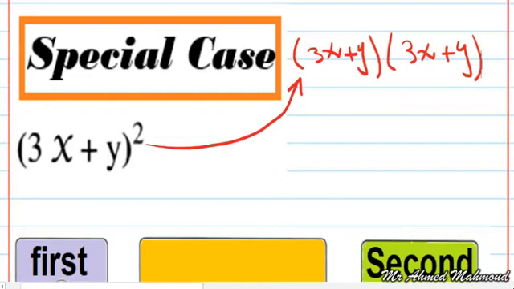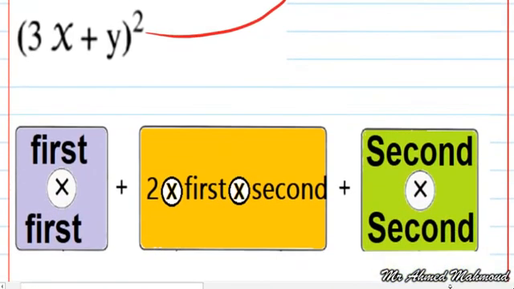The rule will be like the following. We are going to multiply first by first, or first by itself, and then multiply second by second, or second by itself. In the middle we have a new rule. We multiply 2 times first times second.